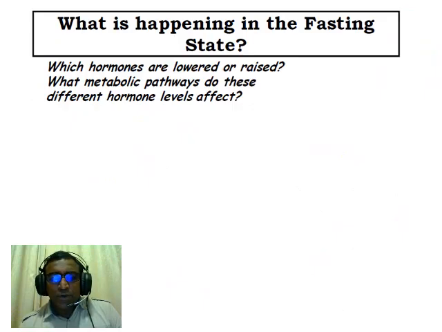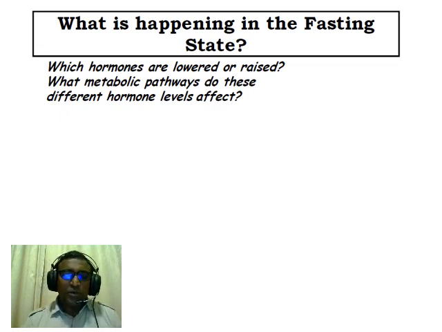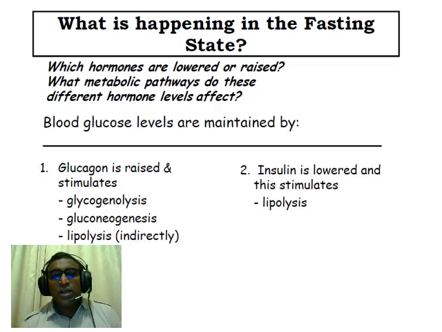So let's look into the hormones when it comes to the fasting state in Bob's body. So during the fasting state, we look at the insulin and glucagon. We have the glucagon. Whenever blood glucose level drops, glucagon will be secreted more compared to insulin. When glucagon is raised, it stimulates glycogenolysis.